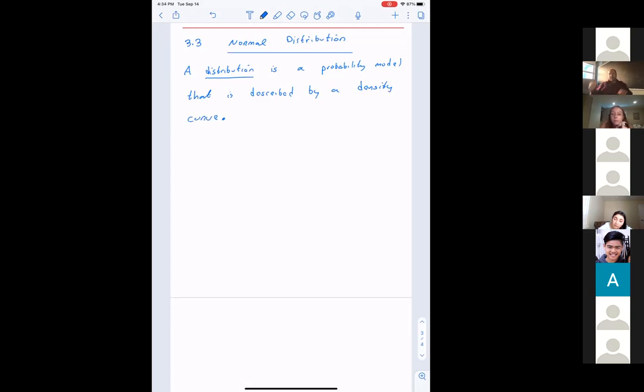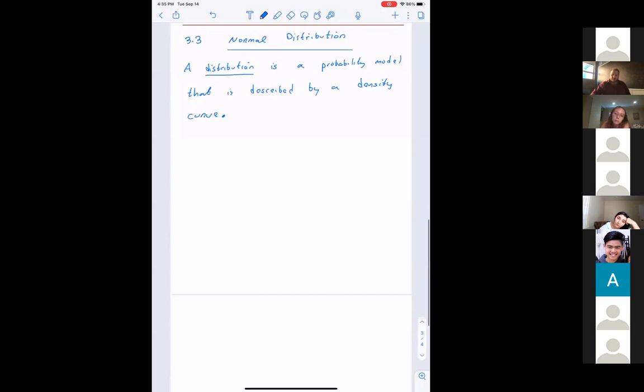There are all these different names as you go through statistics for different distributions, and they're basically models described by density curves. In some sense, density curves and distributions are almost synonymous because one automatically comes with the other. If you have a density curve, you have a distribution. If you have a distribution, you have a density curve. They come one and the same.